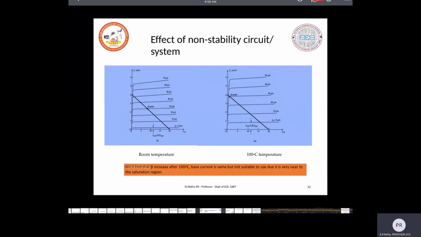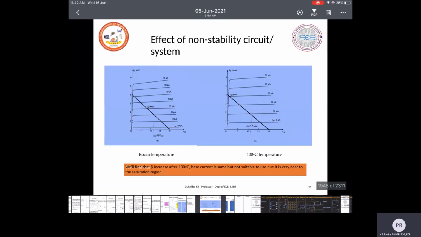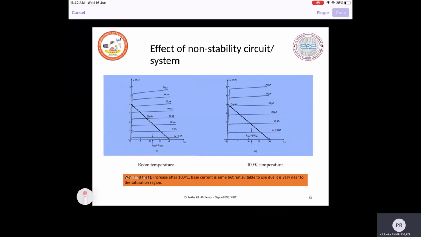So these are the effects on non-stabilized circuit systems. You can see room temperature will be like this, and for 100 degrees centigrade temperature it will be varying. The Q point is shifted from the active region to the saturation region.